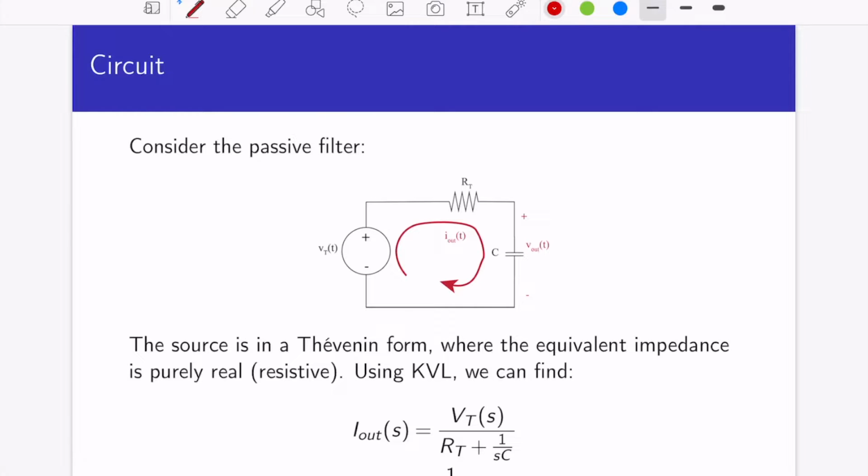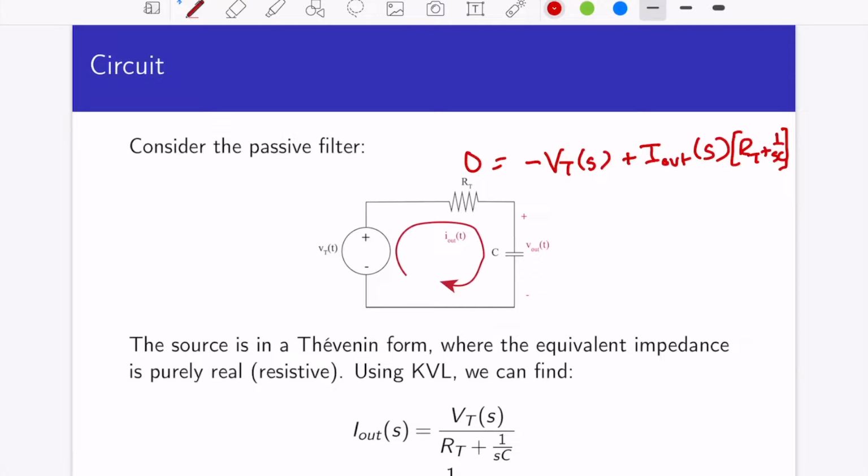And of course, we're going to do it in the S domain. So we would have minus V T of S plus I out of S times R T plus 1 over SC is equal to 0.